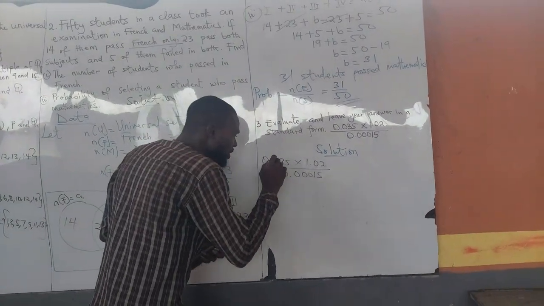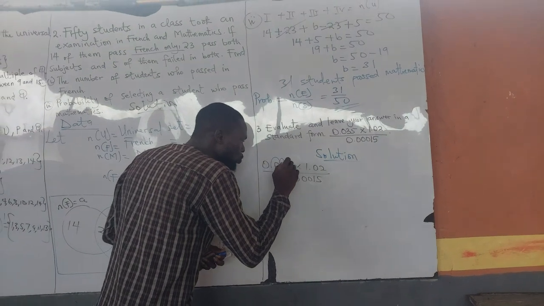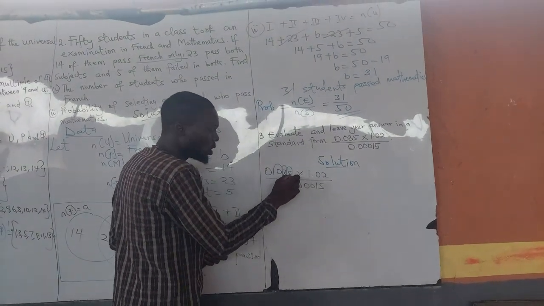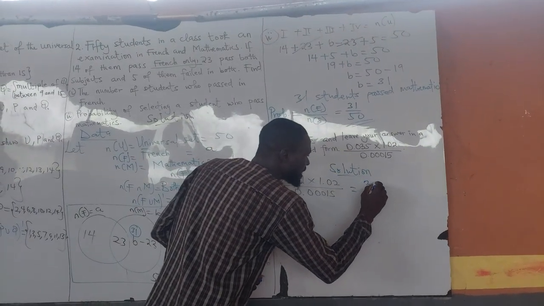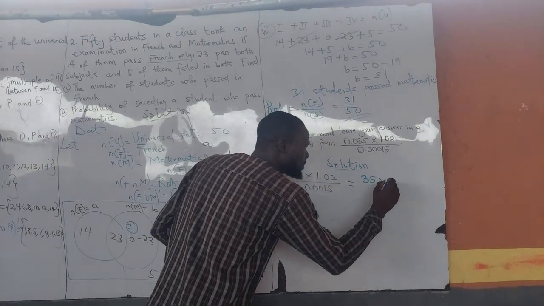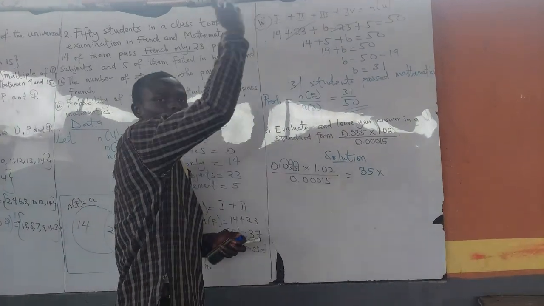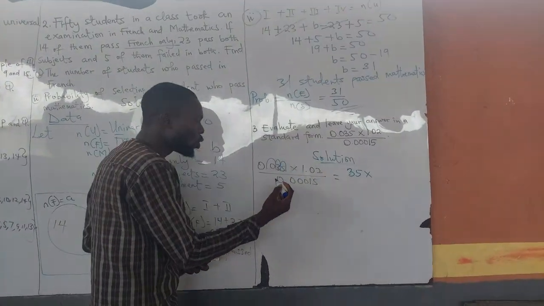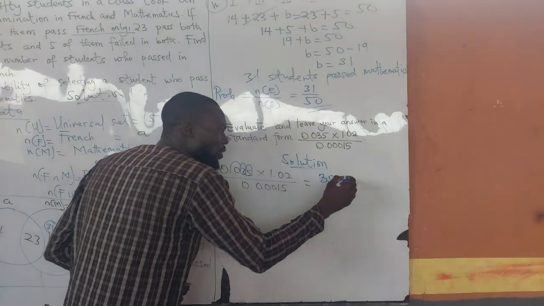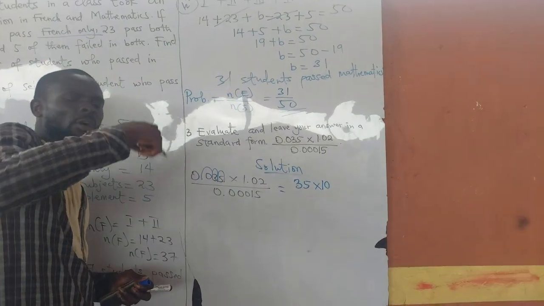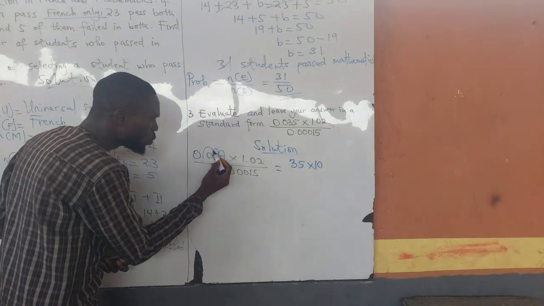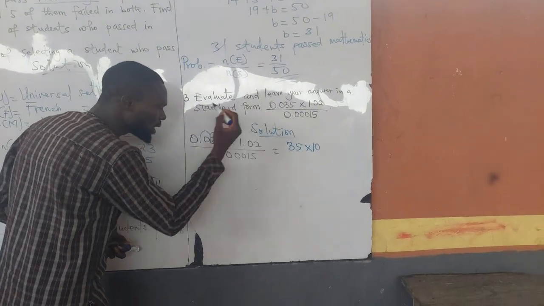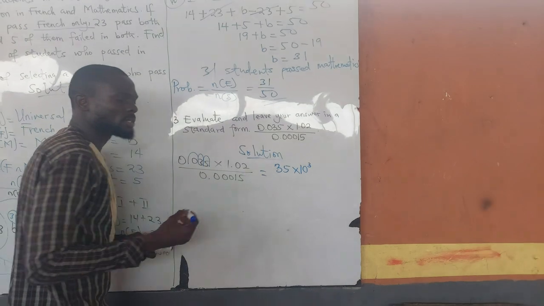So this is going to be 1, 2, 3. Now if the decimal point is here, we are going to get 35. Now let's multiply this by 10 based on the standard form, so times 10 raised to the power of the number of times we moved. How many times did we move? We moved 1, 2, 3, three times.